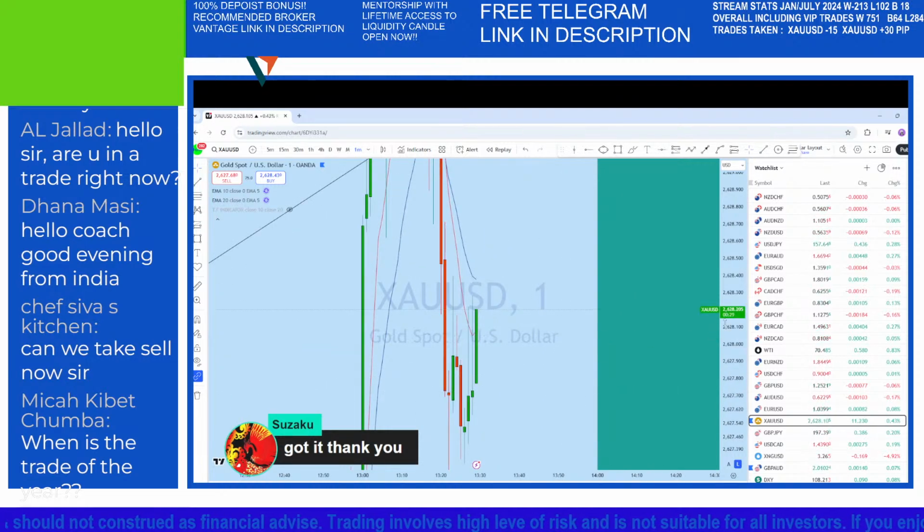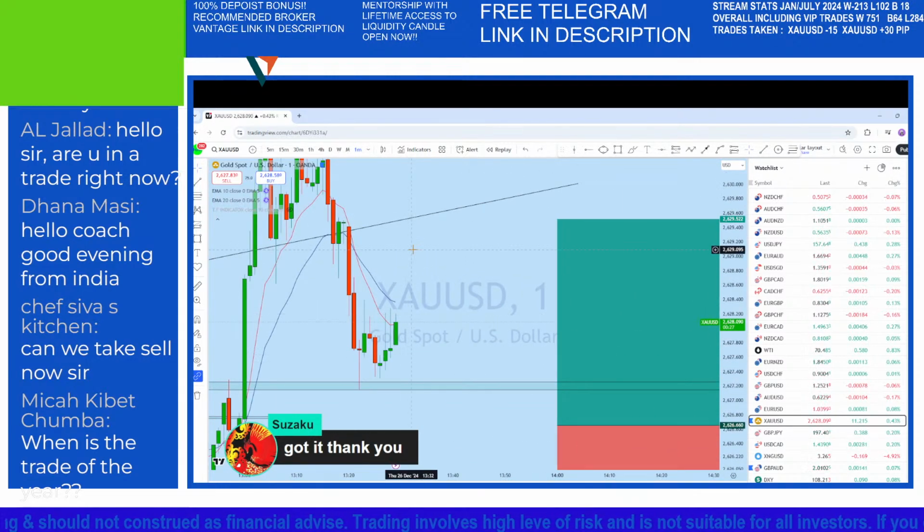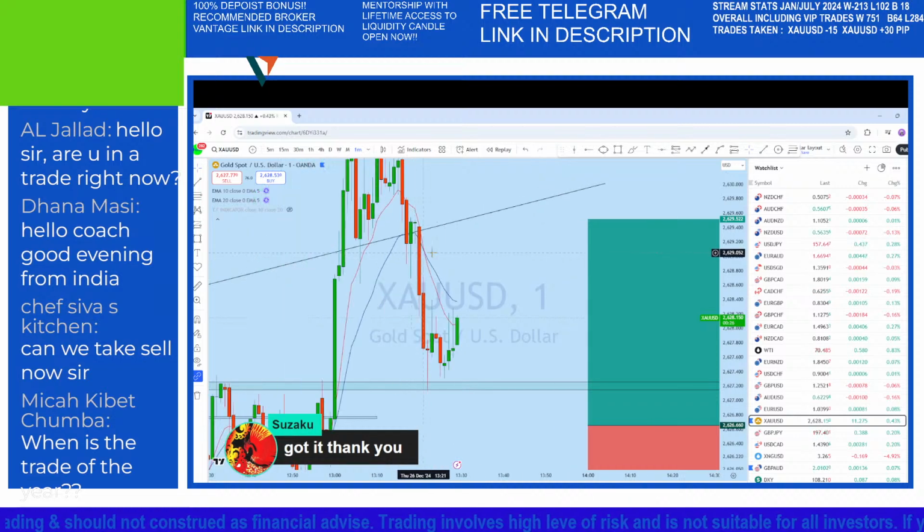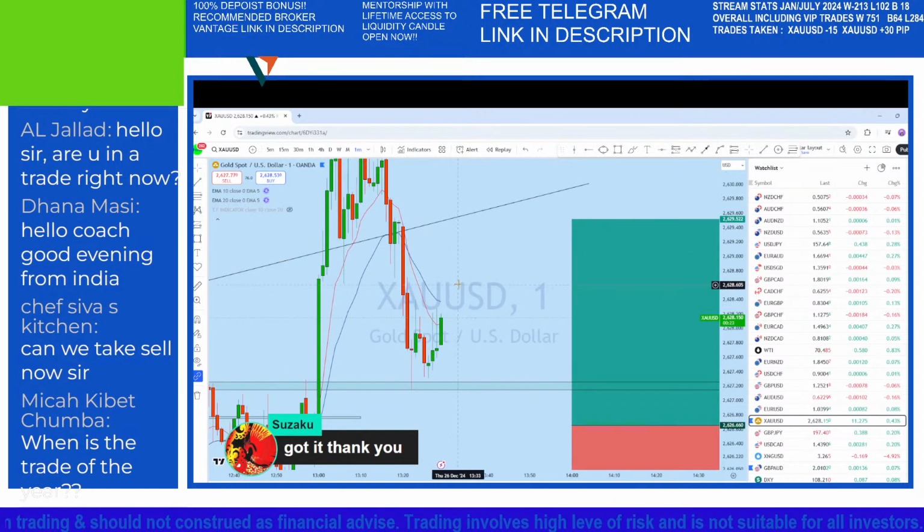Gap open, and this might be in the direction.